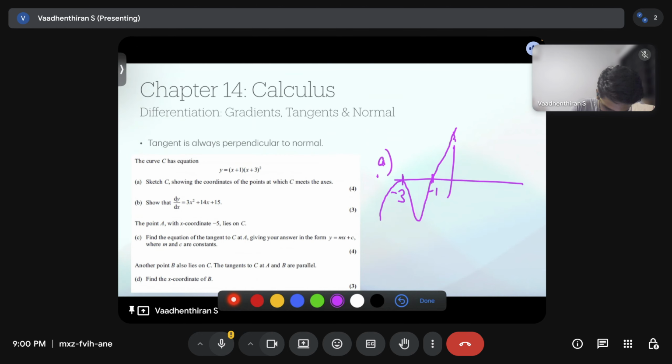They only told us to sketch it, and you just write the coordinate on the y-axis, which will be 9, because 3 squared is 9, and 9 times 1 is 9. So that's your graph.